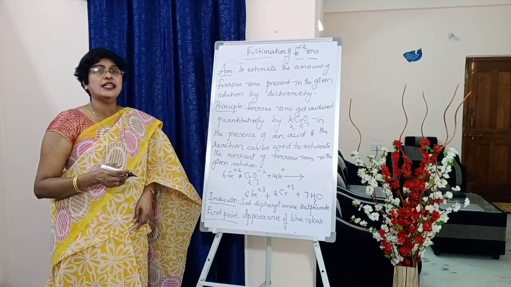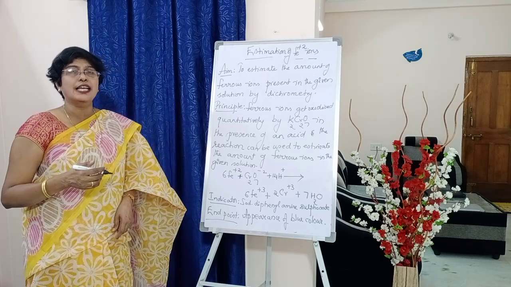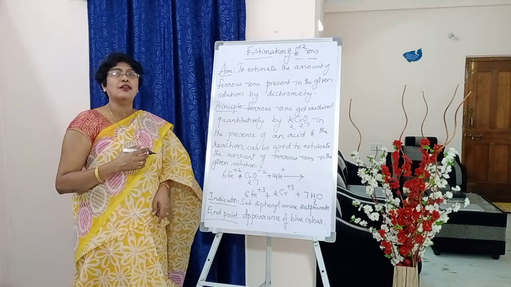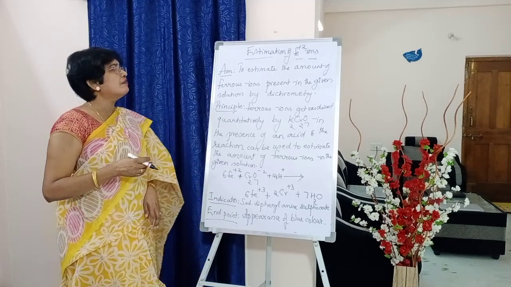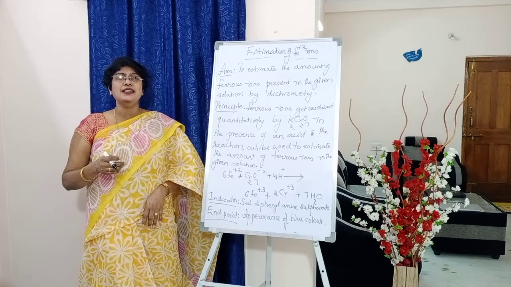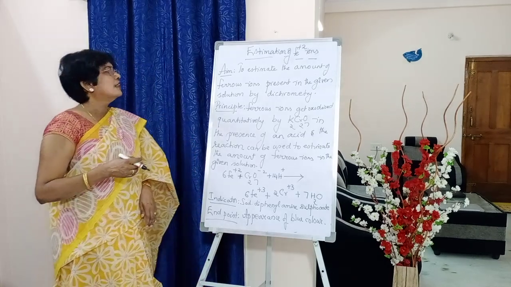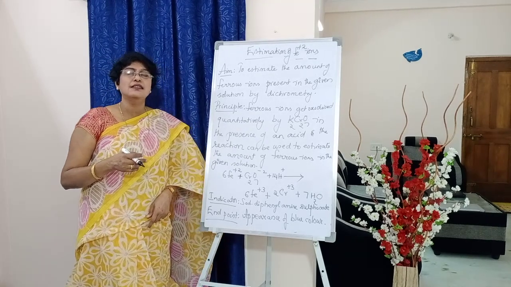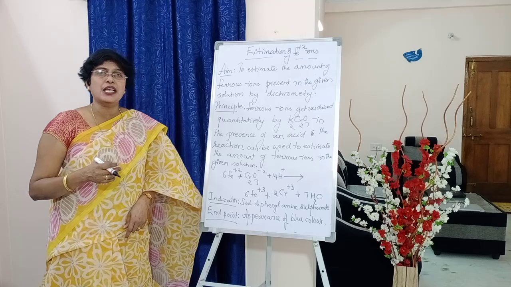Students, put the heading estimation of Fe+2 ions. This is the first experiment of semester 4. Put the main heading, estimation of Fe+2 ions. Next, side heading aim. What is the aim of the experiment?